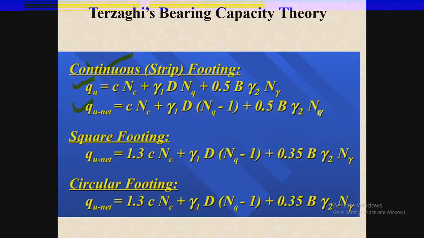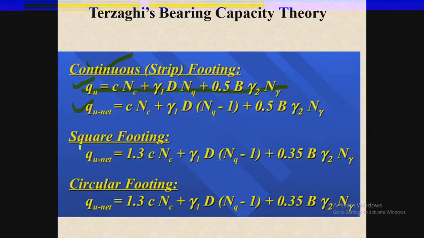Like when I was discussing the net ultimate bearing capacity in my previous lecture, I added that in the net ultimate bearing capacity we are not taking into account the effect of surcharge pressure. So this gamma 1 D into NQ minus 1 basically subtracts the value of surcharge pressure from this equation.